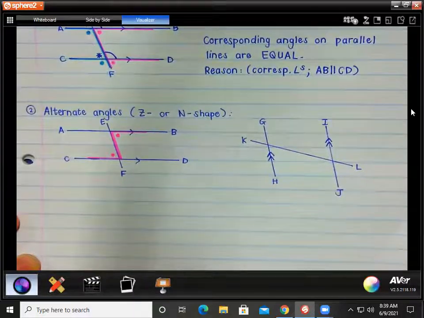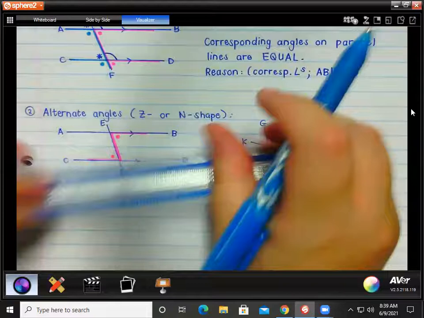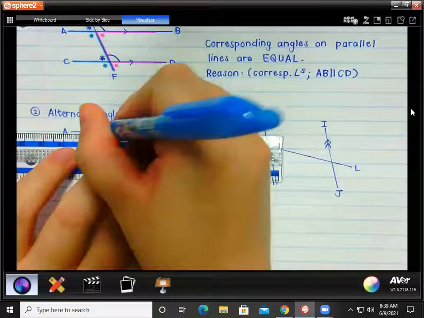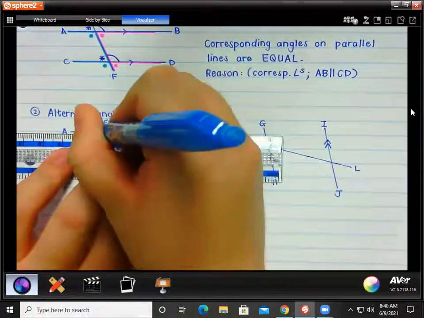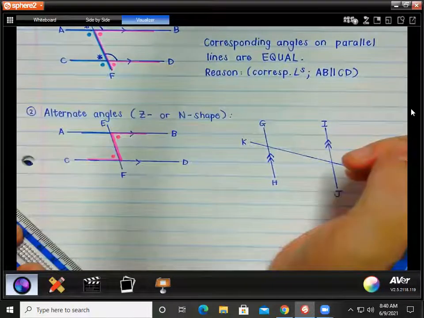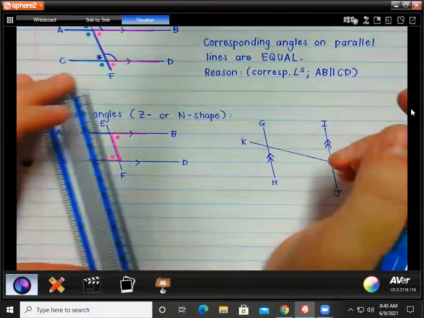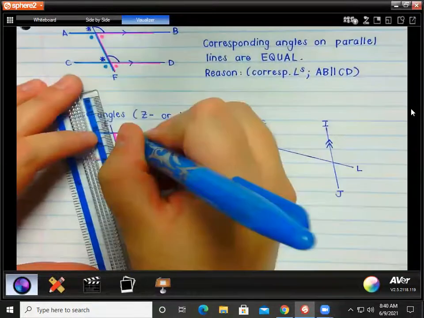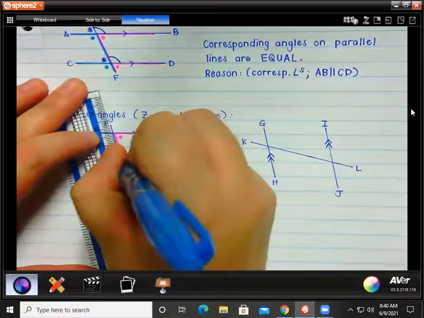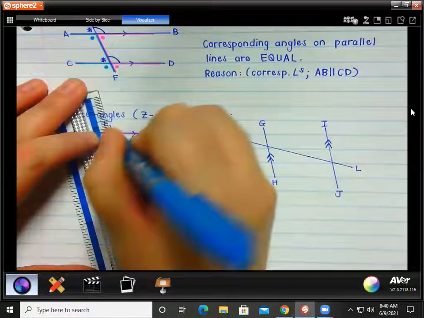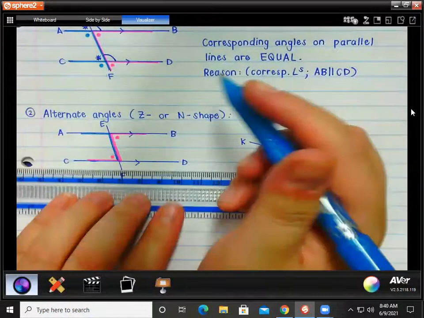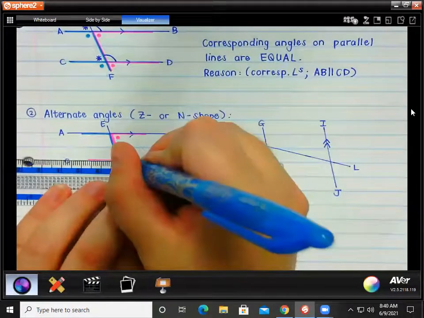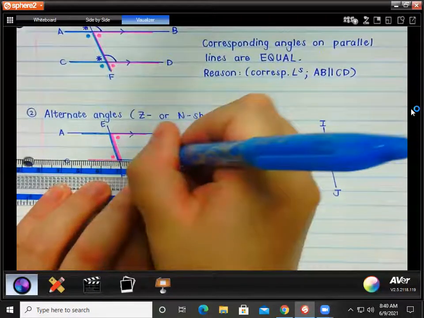But I do want you to actually draw it in. All right, so that one there. Kind of along the transversal and then going back like that.